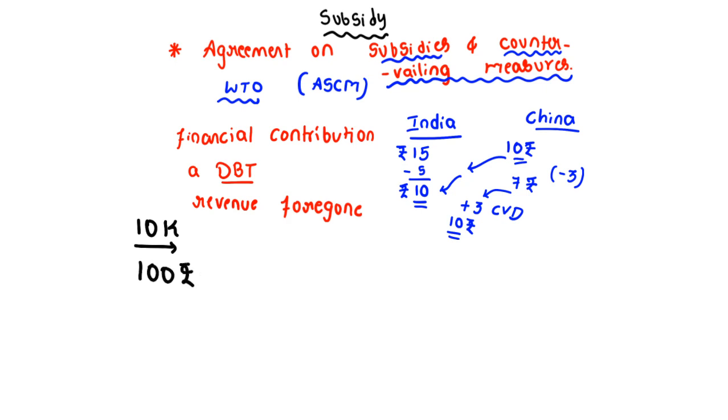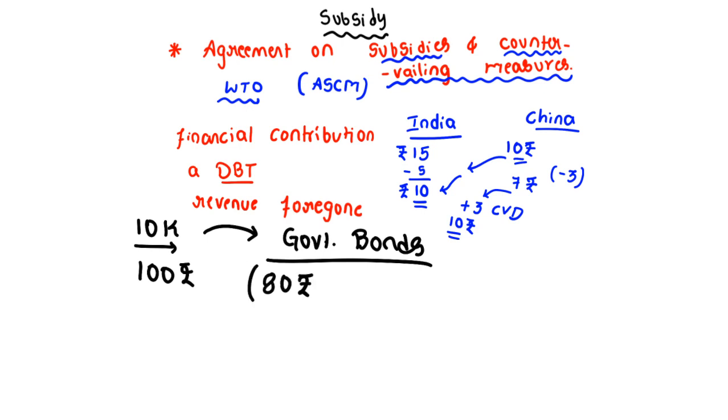But if you invest the 10,000 in government bonds, then I won't charge you 100 rupees as tax, but I will charge you 80 rupees. Because of this, the minus 20 is the revenue foregone by the government to change the behavior of the investor. Clear? So this is the revenue foregone.